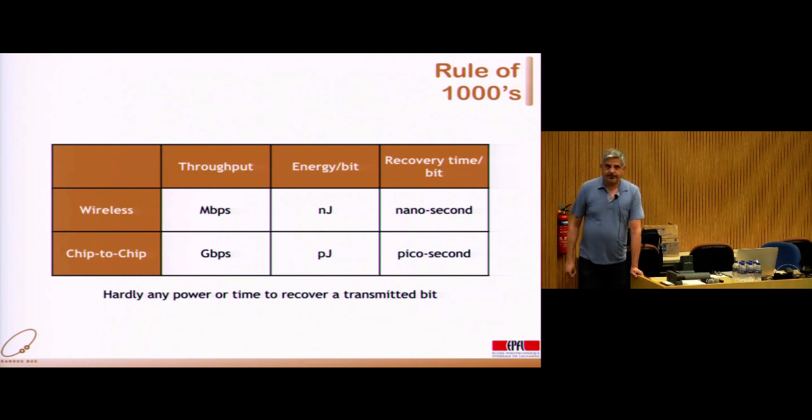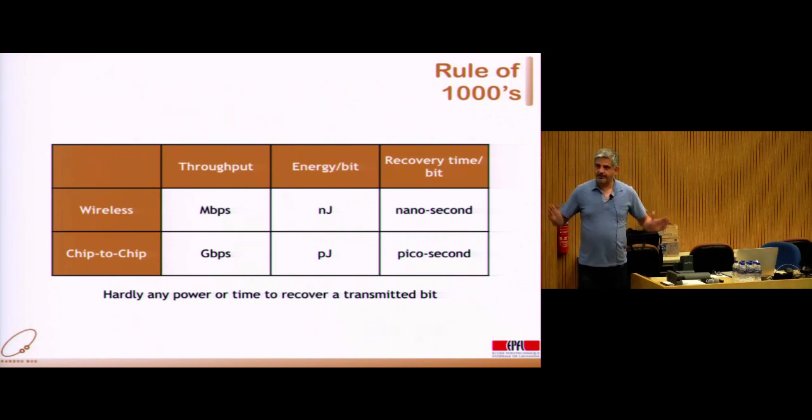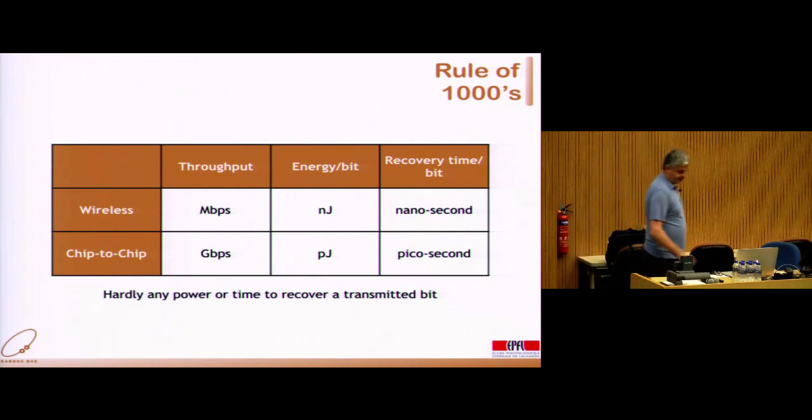The energy per bit in wireless is typically measured in nanojoules per bit, so 10 to the negative 9 joule per bit. In chip-to-chip, it's measured in picojoules per bit, so 1,000 times less. And the time you have to recover a bit in wireless is measured in nanoseconds, and here it's measured in picoseconds. So you have less energy at your disposal, and you have less time to detect a bit. 1,000 times less.